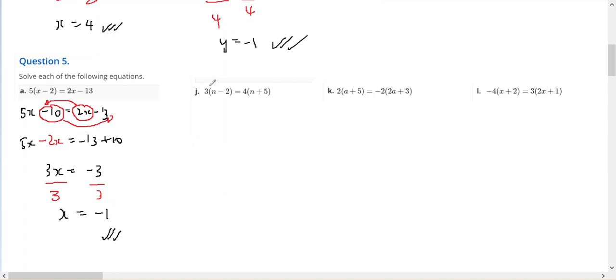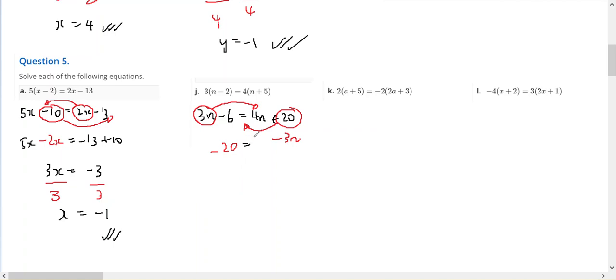Looking at j, 3 times n is 3n, 3 times -2 is -6, equals 4 times n is 4n, 4 times 5 is 20. Now this time I've got more n's on the right-hand side than the left-hand side, so I'm going to move these 3n's to the right-hand side, and that will come up as -3n, and I'm going to move that plus 20, it's going to come up as -20.